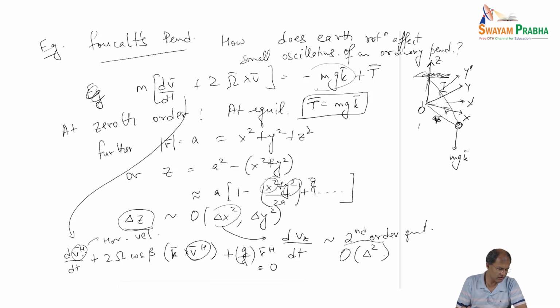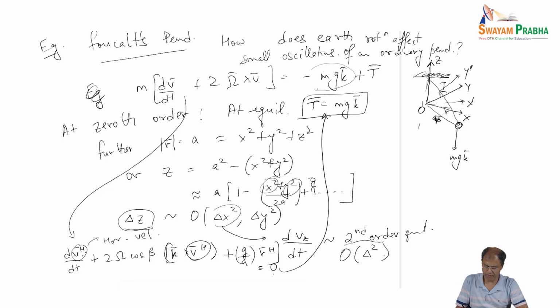So what have we got? This quantity here is 0. These are the different quantities. This is set equal to 0 here. There is no effect of string tension because T is mgk. This is at equilibrium.